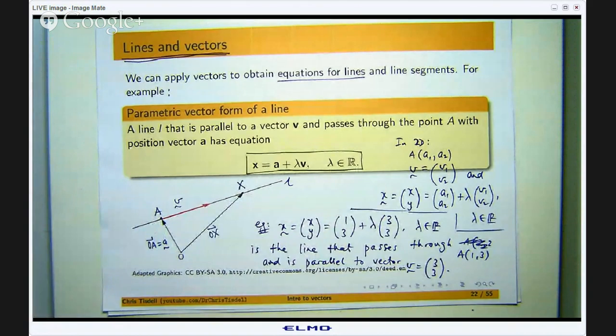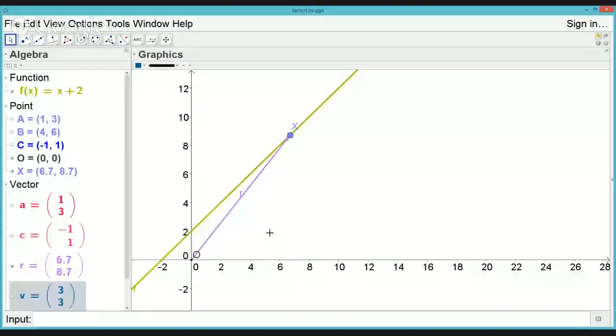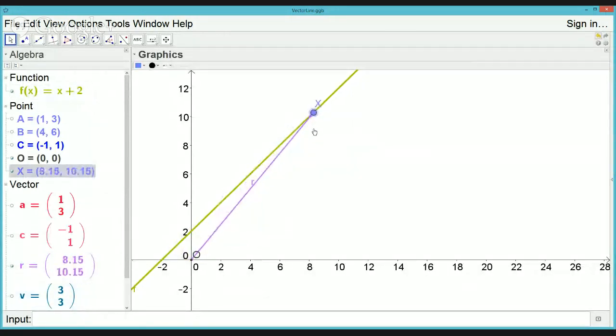Okay, so let me give you a little GeoGebra explanation here too. So let me just see if I can share that with you. Okay, so you can see in this picture I've got the line y equals x plus 2. That's the green line here. And x is an arbitrary point on that line. And I'm really interested in computing the vector OX.